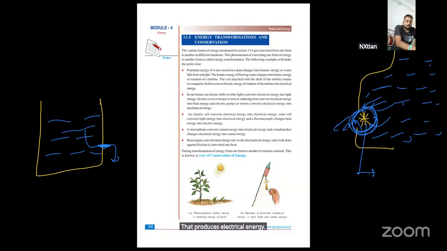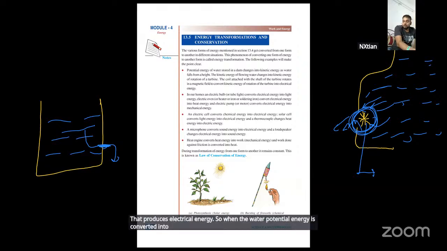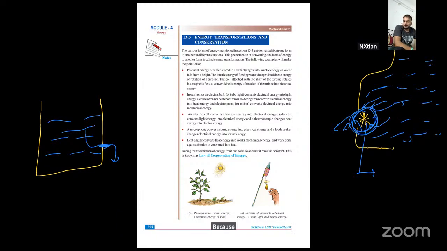So when the water's potential energy is converted into kinetic energy, the turbine moves, and that turbine movement produces electricity. That is called hydroelectricity. Because of water, if electricity is produced, that is called hydroelectricity. Understood? Yes or no? Any problem?